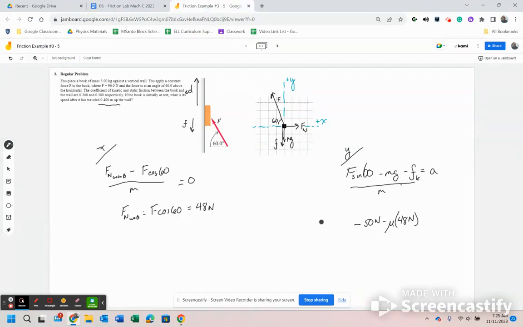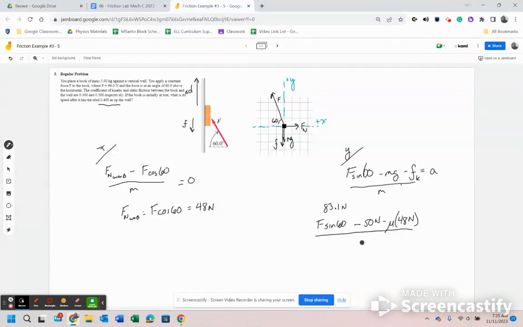That's 10 times 9.8. And F times sine of 60 is ultimately going to be 83.1 newtons. So even if we put the coefficient of static friction in, which is 0.5, which would give this whole term an answer of 24, and subtracted 50 and 24 from 83.1, we would still have a net force going up.